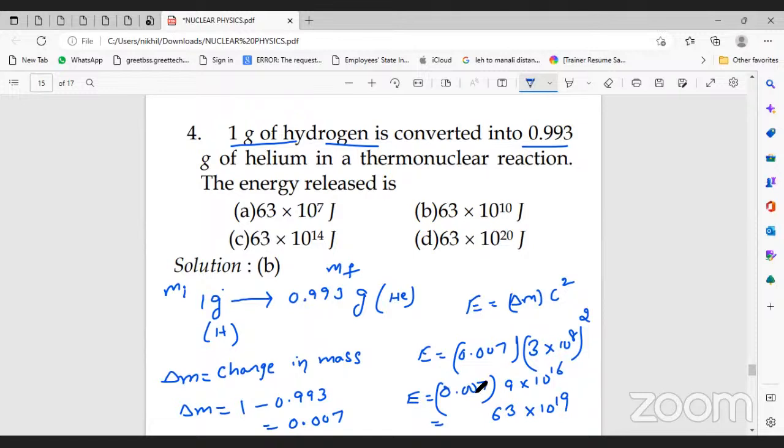This is 0.007 into 9. How much will you get? 0.007, or you can take this as 7 into 10 power minus 3 into 9 into 10 power 16.